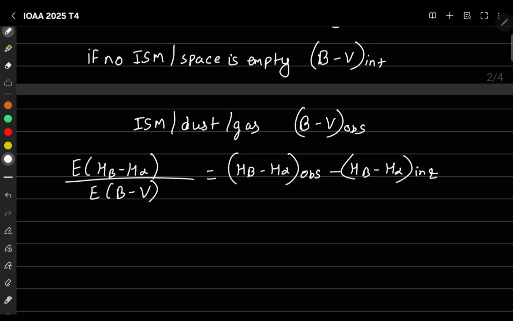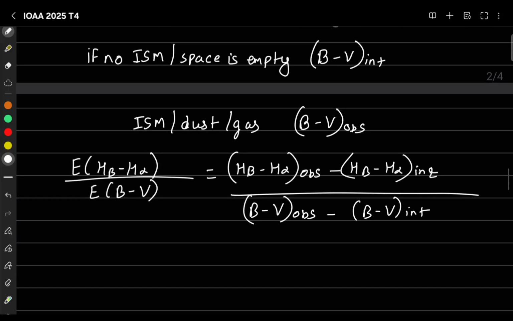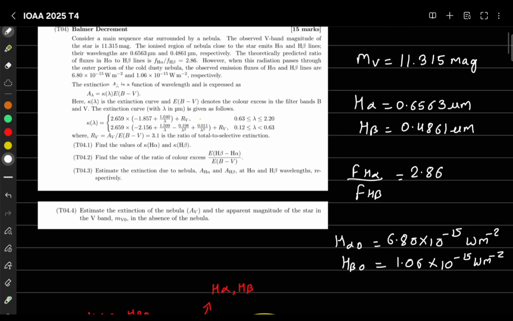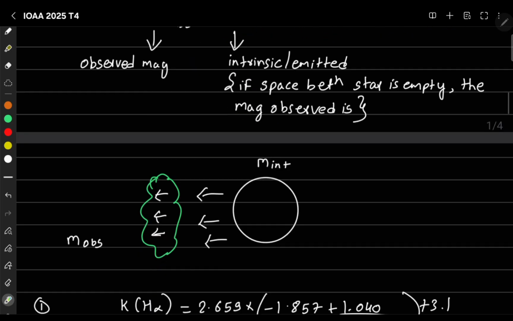I need to also find the color index in the B minus V filter, and then find their value. This is what the question means. So how to find that? We have been provided a relation for A lambda, which is extinction, as a function of lambda.